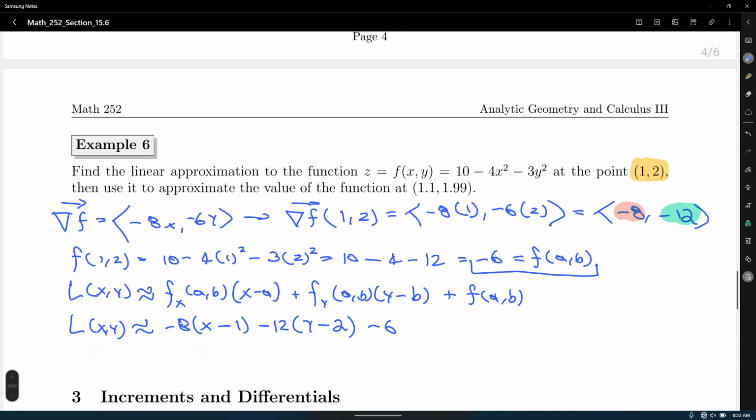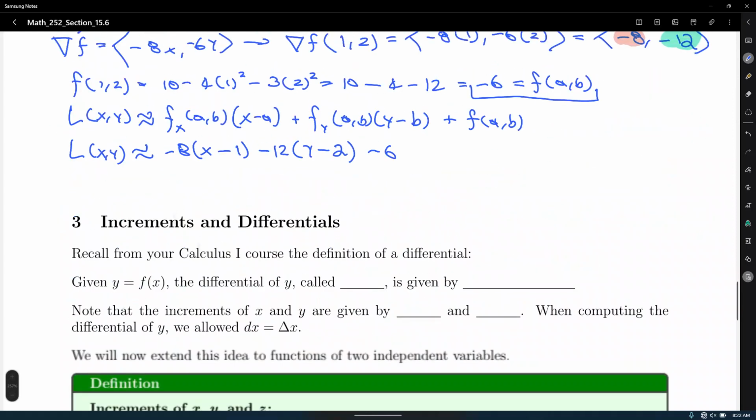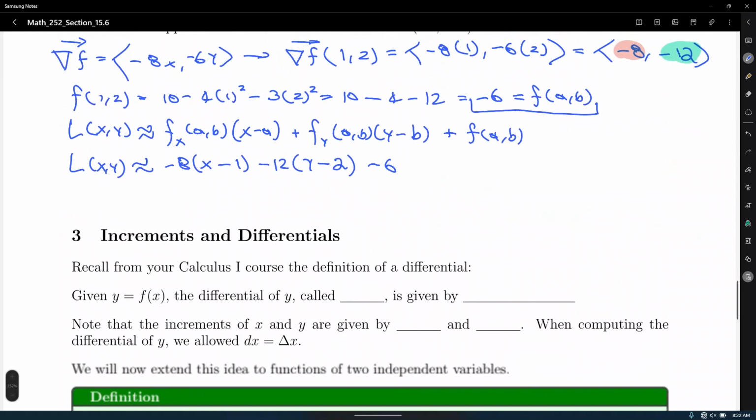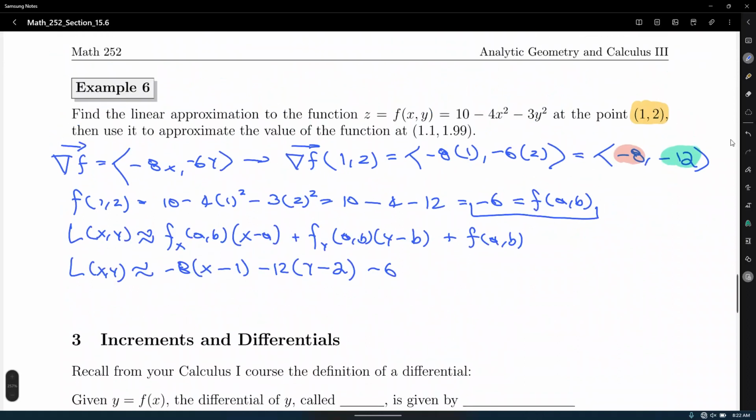All right? So that means we can use this linear approximation to find the value of the function for points that are fairly close to the given point 1, 2. Like in this case, we want to approximate the function value at 1.1, 1.99.